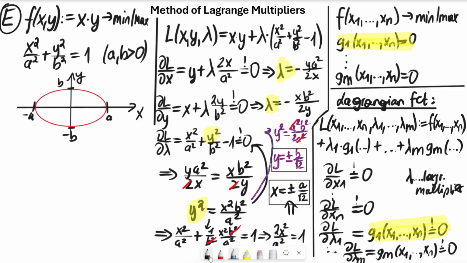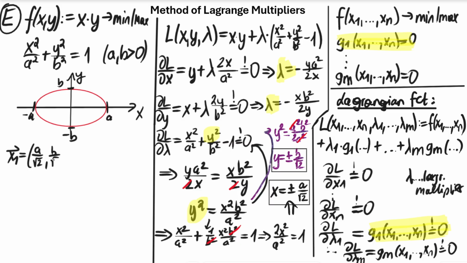So altogether we have 4 solutions of this nonlinear system of equations. So if you look here, this is far away from a linear system. It's a nonlinear system of equations. And the 4 solutions I write here below this elliptic plot. So first one is if you take a plus to both. Second one, plus minus.